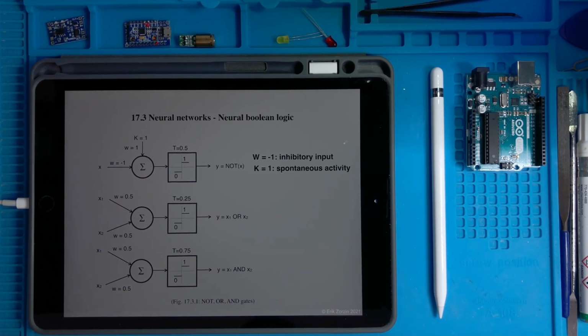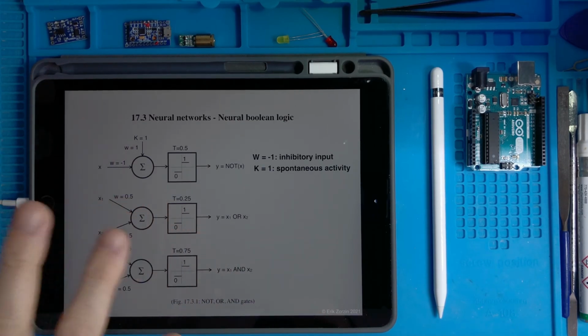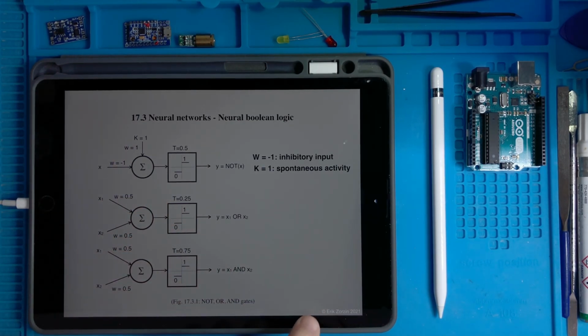So neural networks are more powerful. That's basically the end of the story. And computers are just a little piece of neural networks. And this makes the story very interesting for those who are interested in going into this field. This is just a very naive introduction.